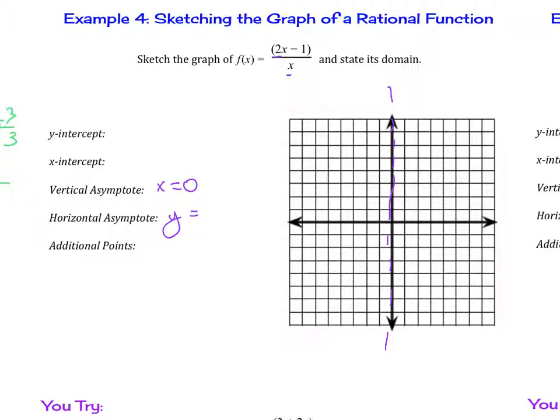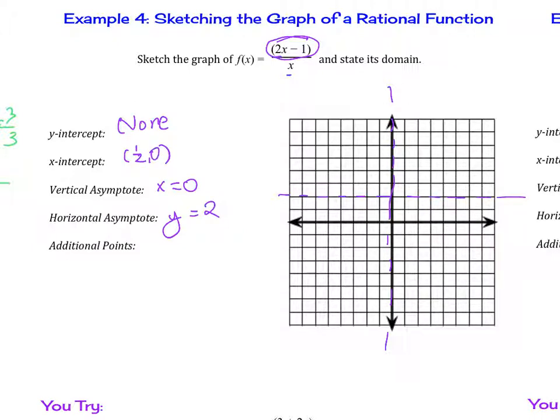That is at y equals 2. For our y-intercept, we're making x equal 0. Well, we can't, so there are no y-intercepts. If we make this 0, that doesn't exist. The x-intercept is the zero of the numerator, which is 1/2.